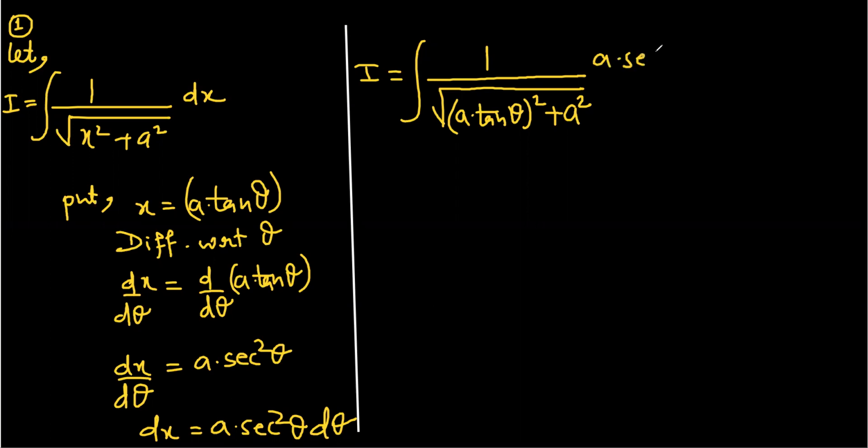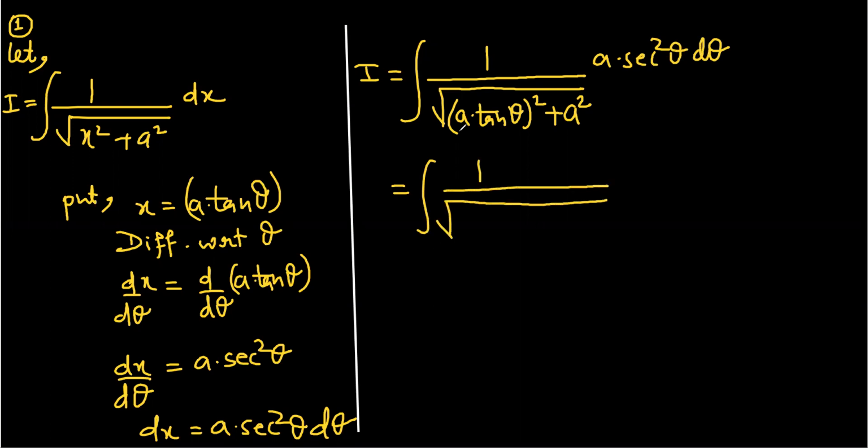So what did I do, students? For x, I substituted a tan theta, and for dx, I substituted a sec square theta d theta. Now, the square root of a tan theta square, which is a square tan square theta, plus a square, and here it is 1 into a sec square theta d theta.